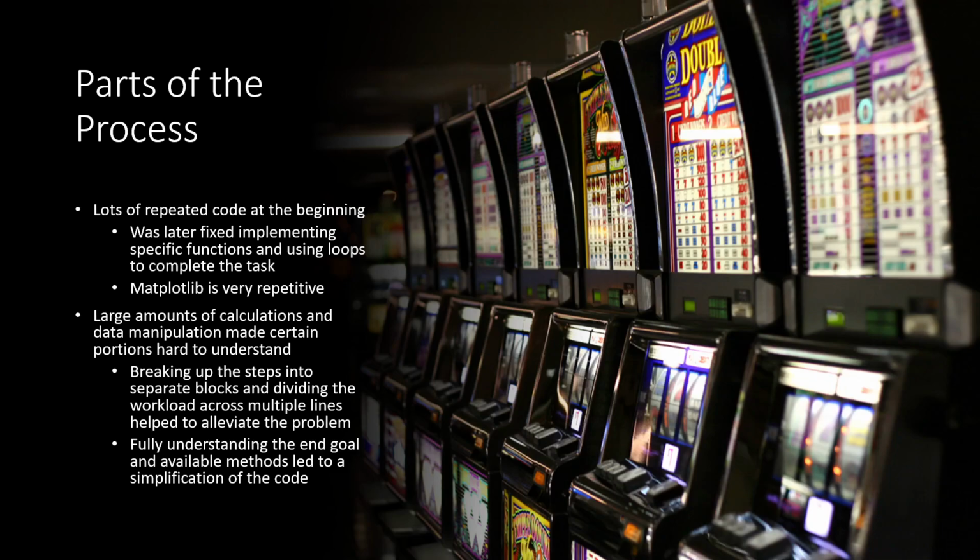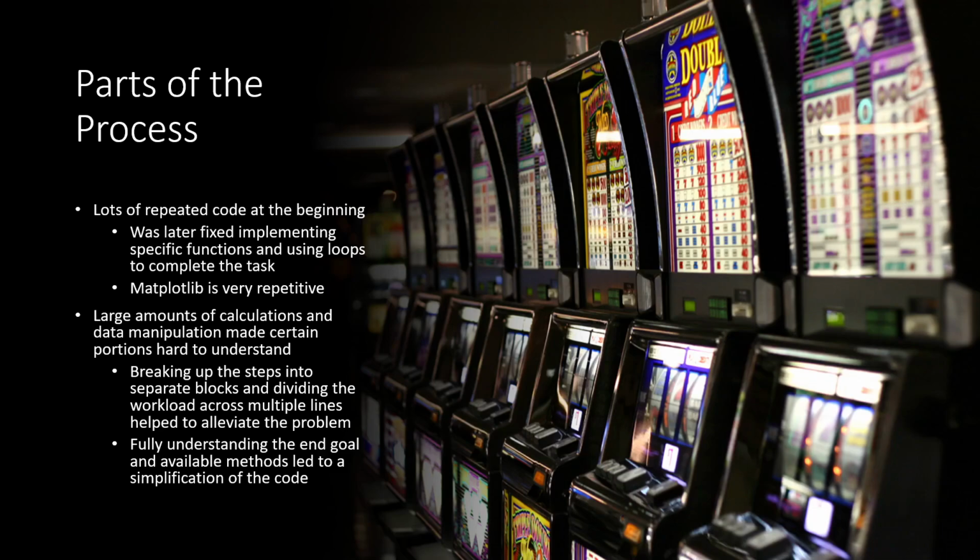Throughout the process, I learned that instead of combining everything into one, or thinking of doing it all at once, it's important to break up the steps into separate blocks and divide the workload or calculations across multiple lines or functions. Doing that will help you understand the code more and see where you're going.